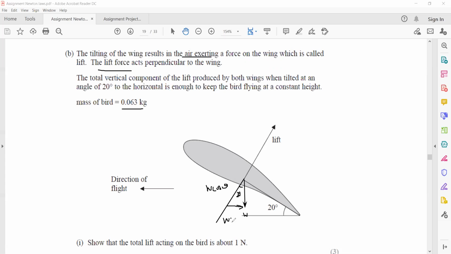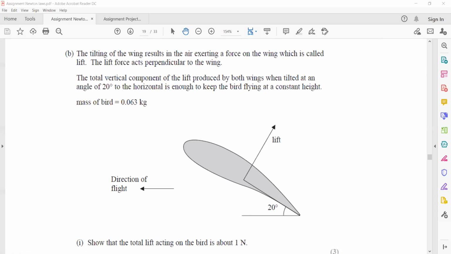And W sine 20 gives a force which is balancing the horizontal force, and W cos theta is balancing the lift. So when we substitute the values, W cos 20 is equal to lift, where the weight is mass multiplied by gravity: 0.063 multiplied by 9.8 into cos 20. So we will get the lift.